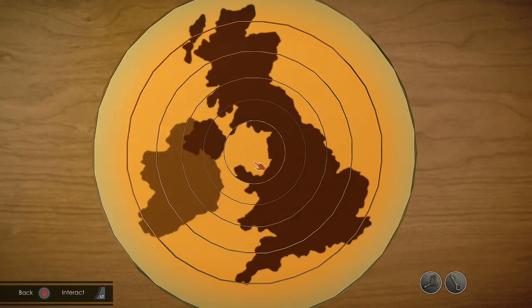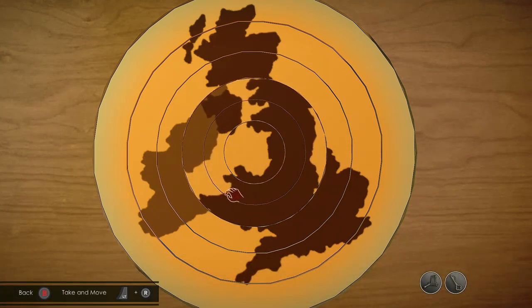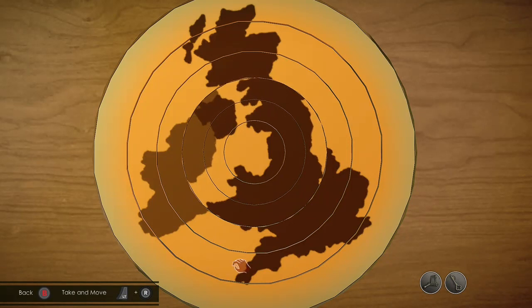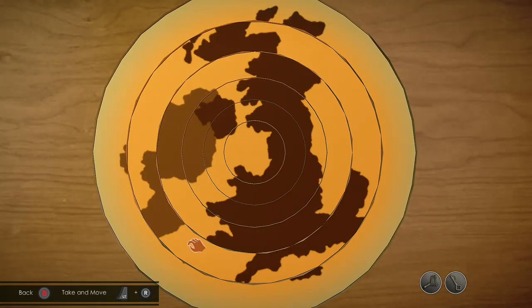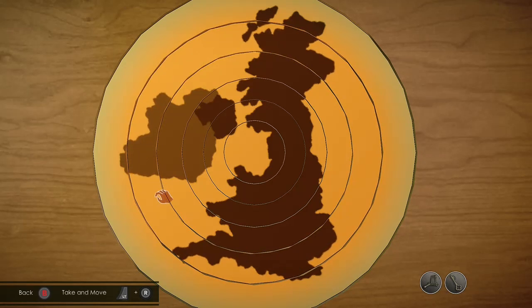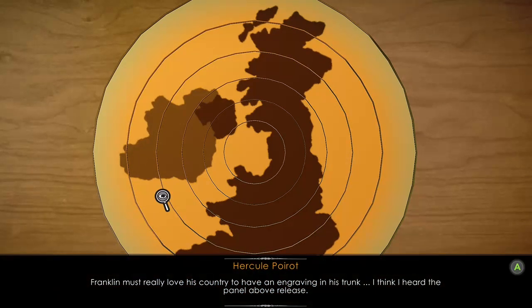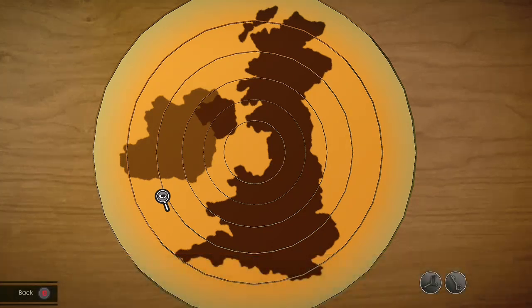It's the UK. Oh, blocked. But wait. Franklin must really love his country to have an engraving in his trunk. Right.